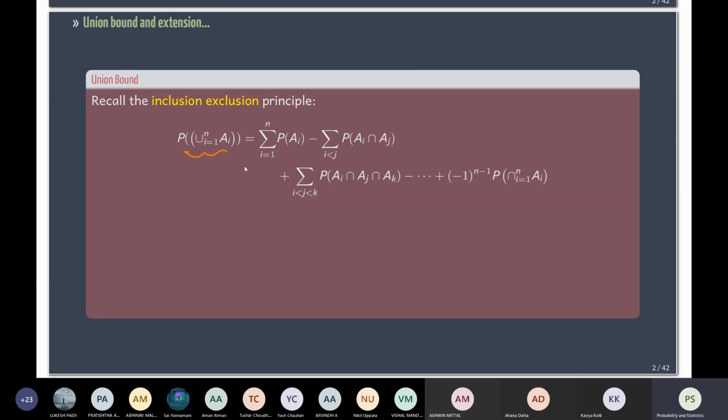So this follows from the inclusion-exclusion principle.